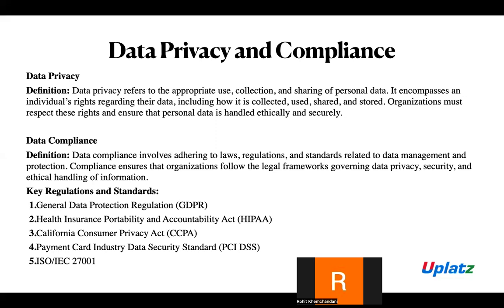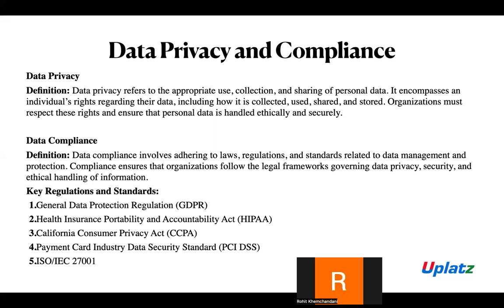So there are a few key principles of data privacy. One is consent, purpose limitation, data minimization, accuracy, storage limitation, security, and transparency. I'll talk about this in a bit of detail.